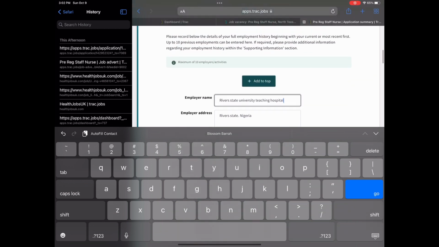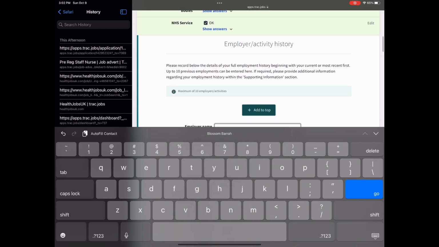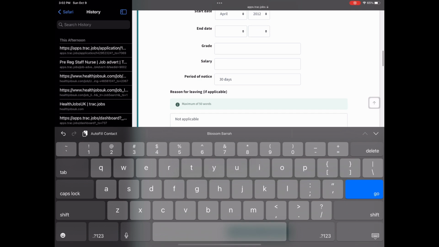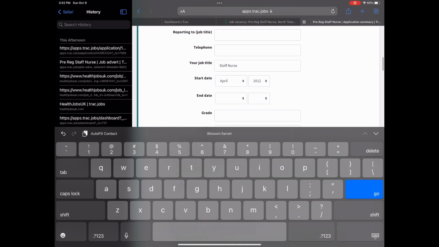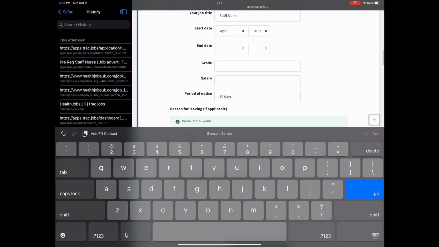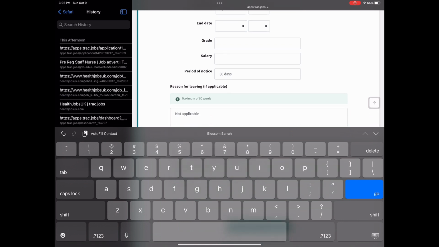Do you understand? Because if you go to the top, you see they're asking for your current or most recent first. Some people make the mistake of starting with the oldest first. No, understanding the instruction is a big deal. Now, since it's the most current, it shouldn't have an end date, unless it's a contract job and you've been told when it will terminate.